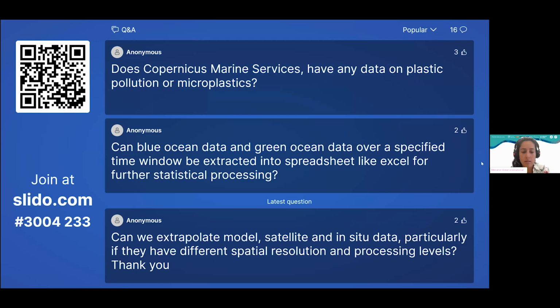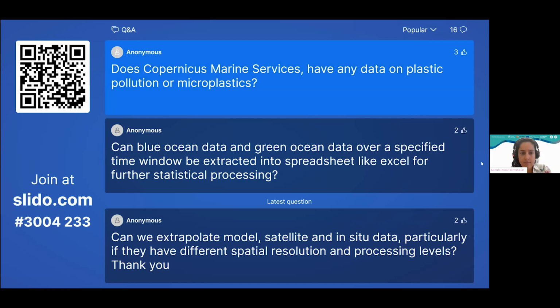About plastics and plastic pollution, microplastics. This matter is an ongoing process of development. But you can approach studies of coastal drifts. You may approach the physics here, and according to current distribution in your area, you can have some patterns related to plastic or microplastic pollution.